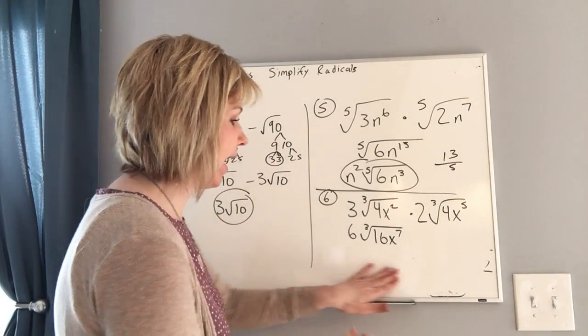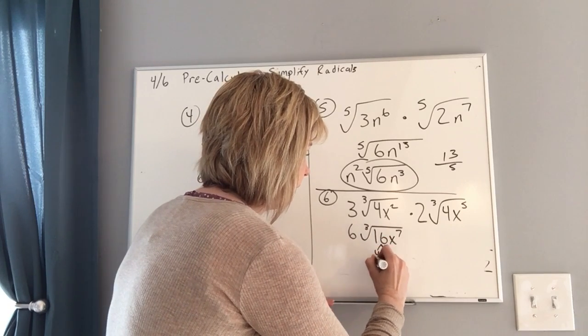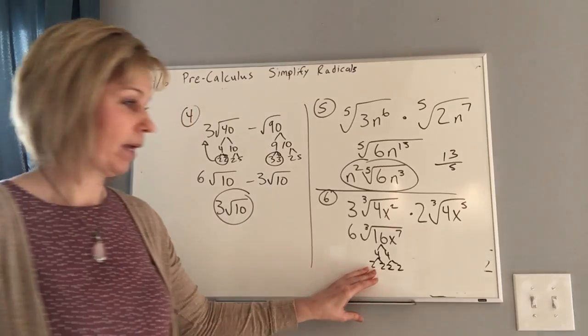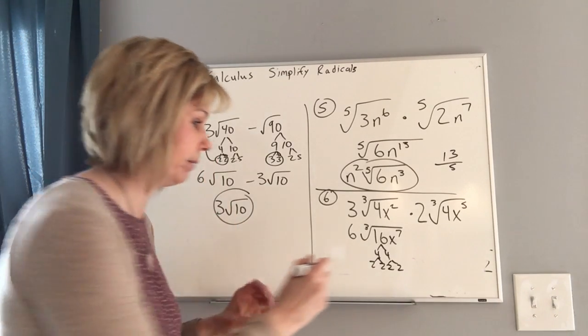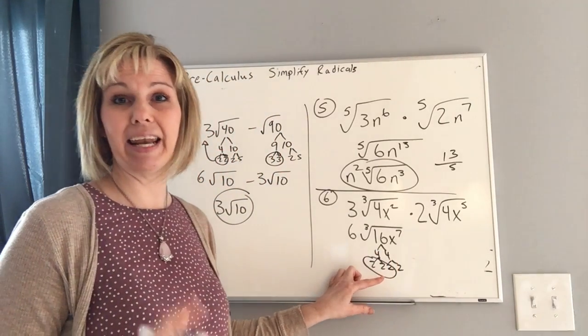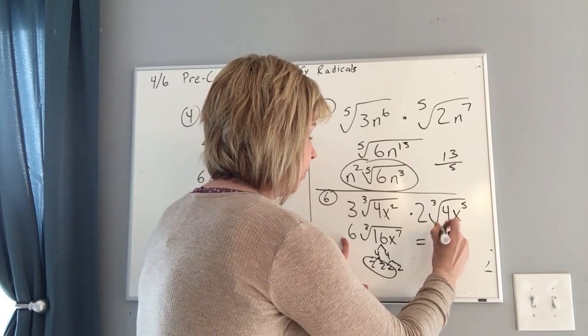So I would break down 16 as 4, 4, 2 and 2. We got four 2's underneath. It's a cube root, so you need 3 of the same to take one out. So circle the cube root. You're really taking out one 2, and you multiply by the 6 that's already out front. So we've got a 12.